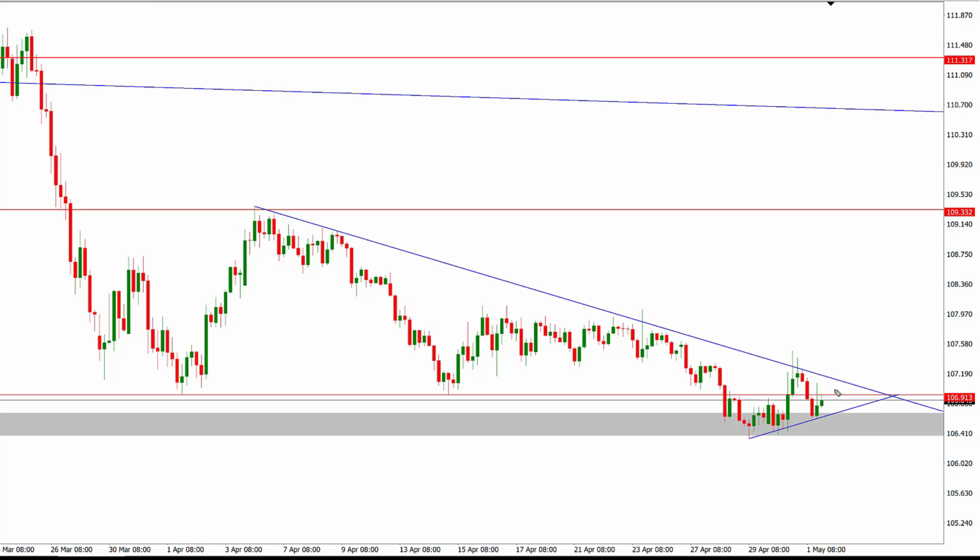So if the bulls ensure a daily close above this region right here, wait for a retest with a defined strong bullish price action, then we can anticipate a bullish movement.